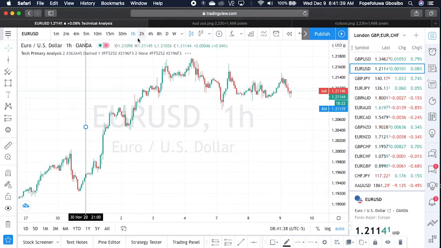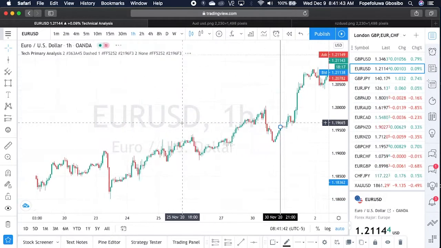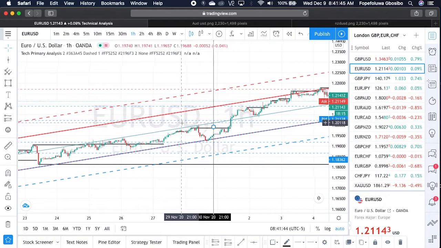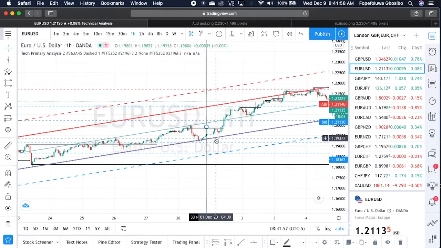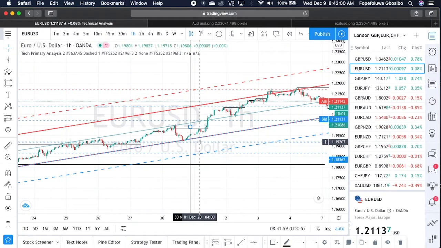scroll down to the 1 hour. As you can see, on the 4 hour, on the 1 hour, that was the beginning of a new trend, and it was trending upward. So what you want to do is get in, or you could have been watching the 1 hour.